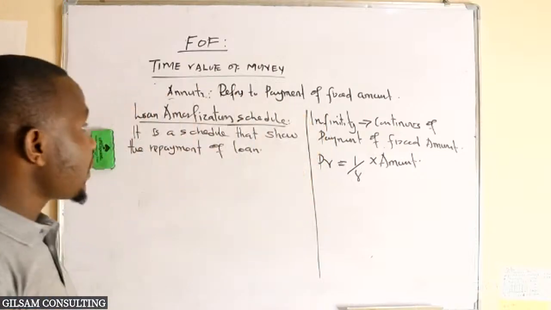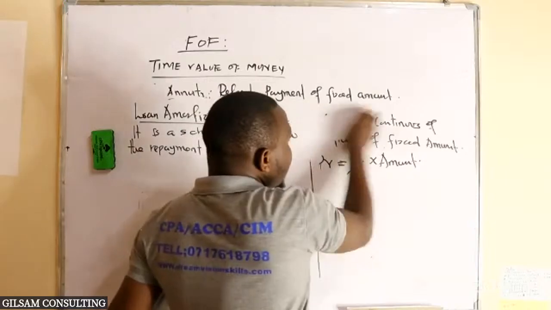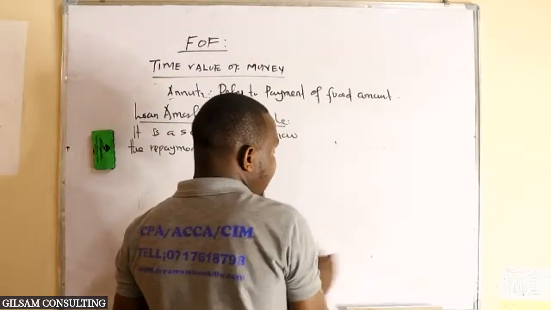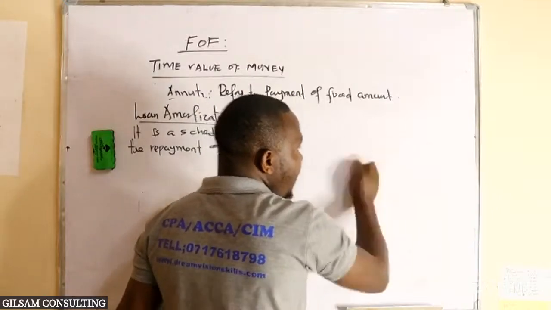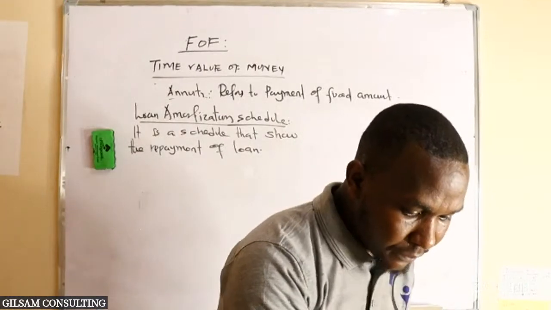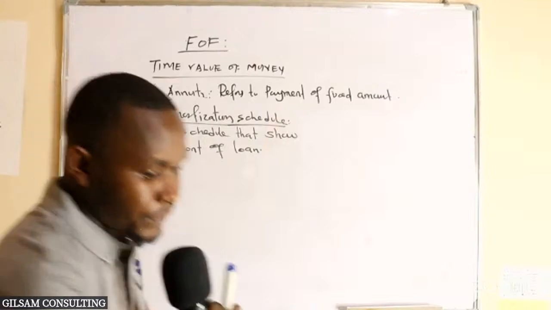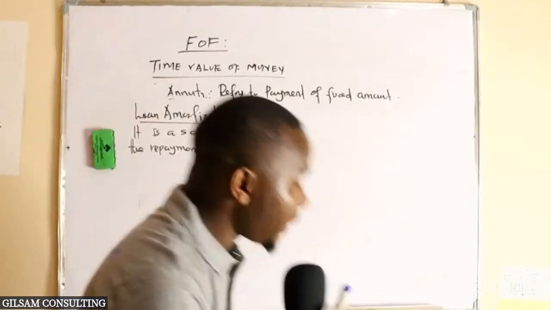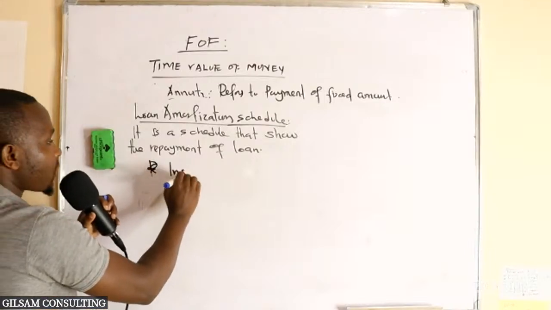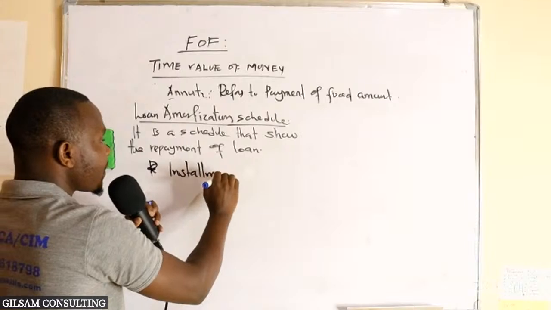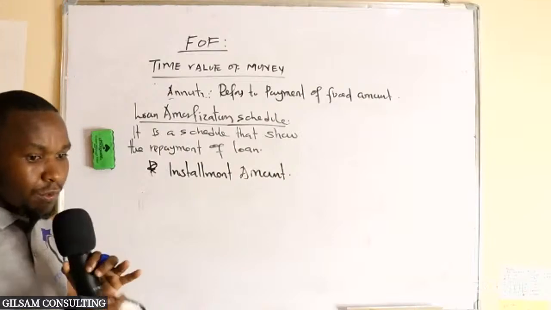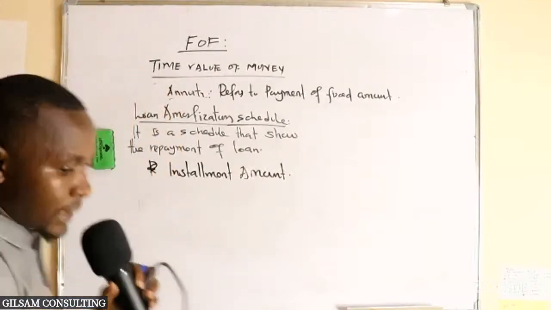So for loan amortization, you need to know what is called the installment. Anytime ukichukua loan, unaambiwa you will be paying 1,000 every month or every year. So we need to know how to get the repayment installment amount.